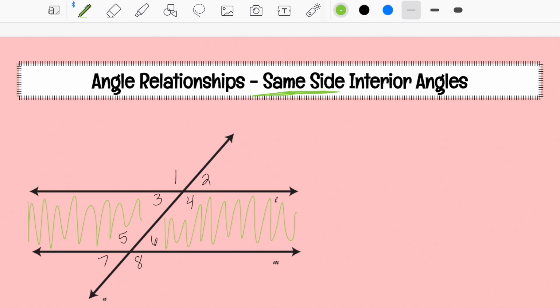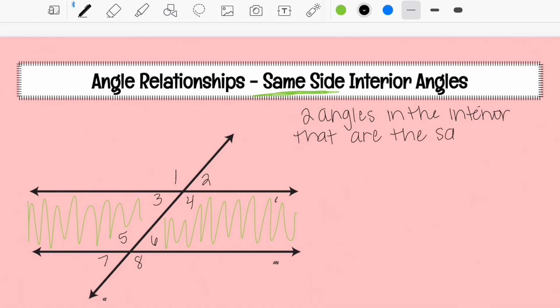And same side is exactly what it sounds like. These are two angles both on the interior, so two angles in the interior that are on the same side of the transversal.